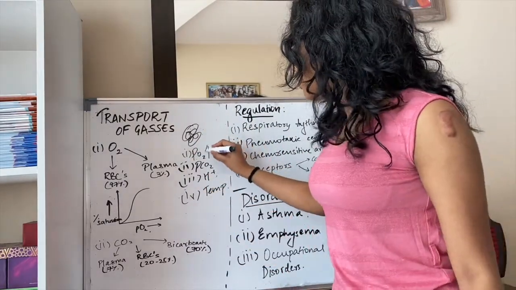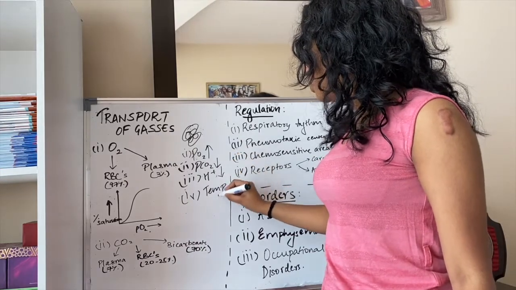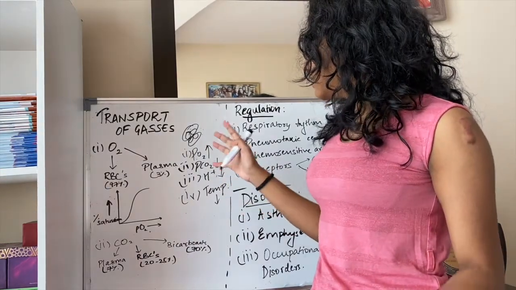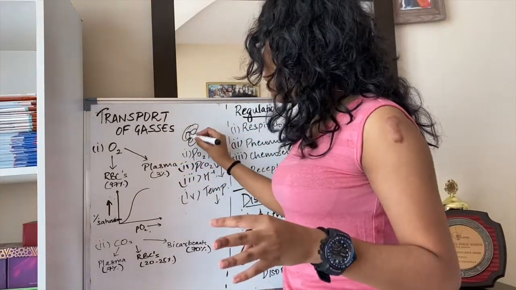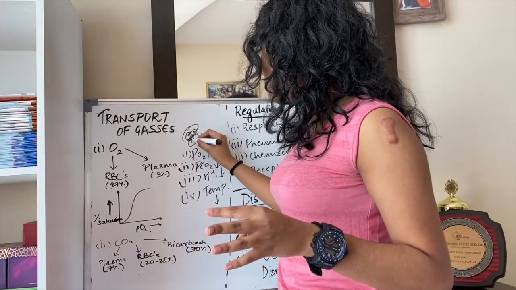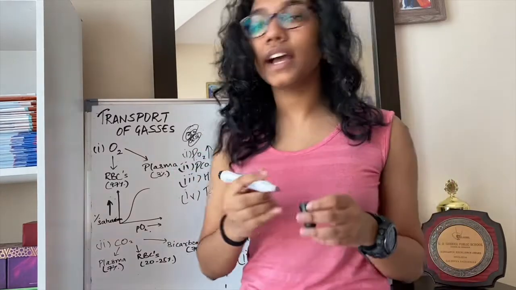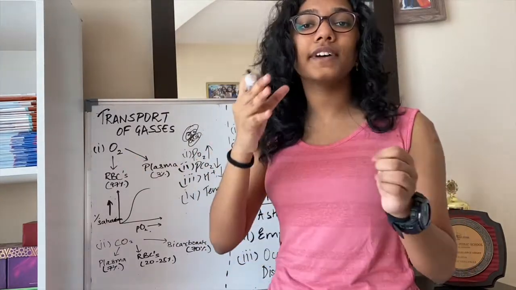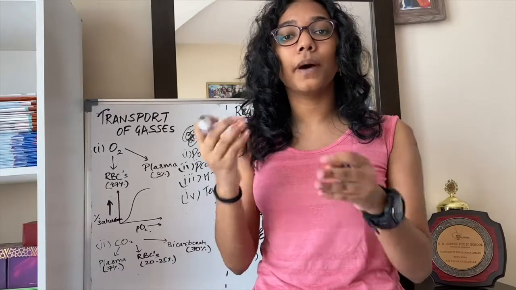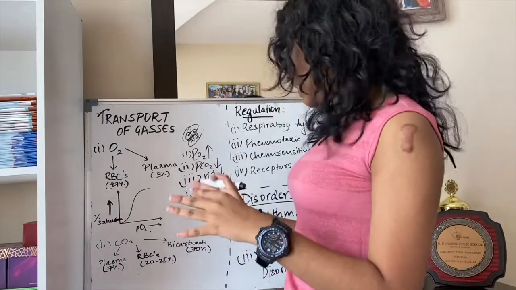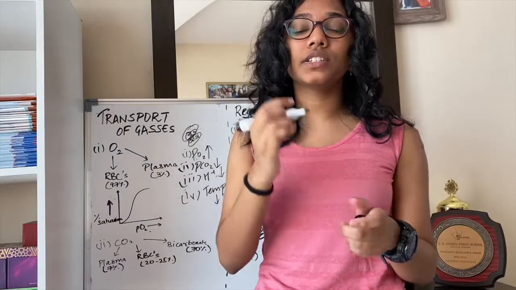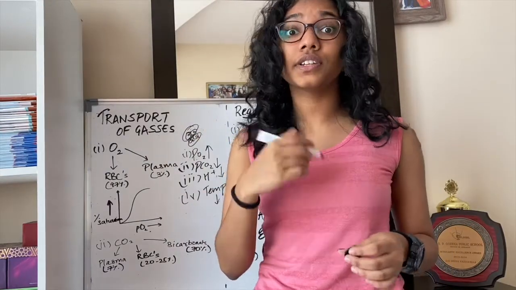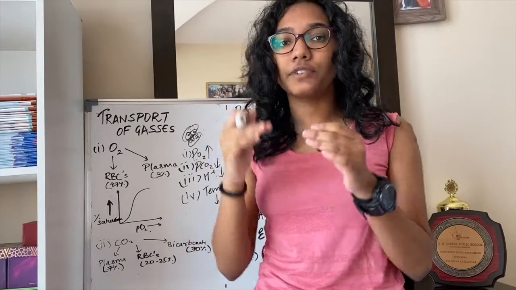So if PO2 is high and all the others are low, then this situation favors the formation of oxyhemoglobin, or O2 bound to hemoglobin. At the alveoli, all these conditions are there, and that's why the oxygen molecules get bound to hemoglobin. But they move through the blood, and when they reach the tissues, you know that the partial pressure of oxygen reduces in the tissues and that of carbon dioxide increases. It becomes 40-45.